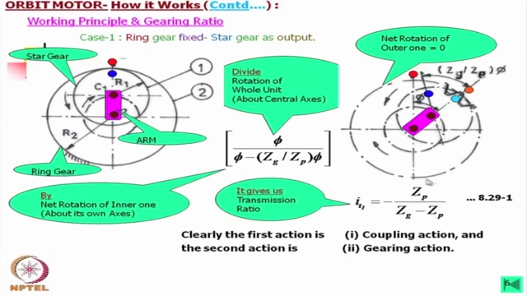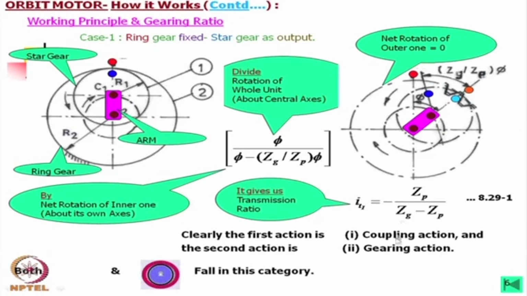So this is the total transmission ratio we get out of this pinion, the star member, which is the output of the harmonic drive which I have shown, and the output of the orbit motor which I have shown.